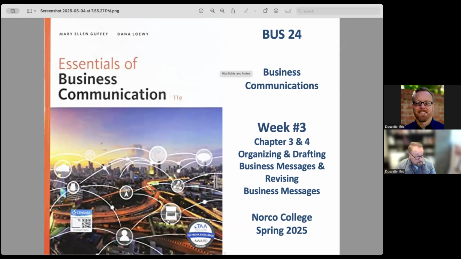This week you're going to be looking at organizing, drafting, and revising your business messages or business writing. That's the content of these two chapters. I really want you to pay special attention to the area in chapter 4 that deals with improving your readability by document design.